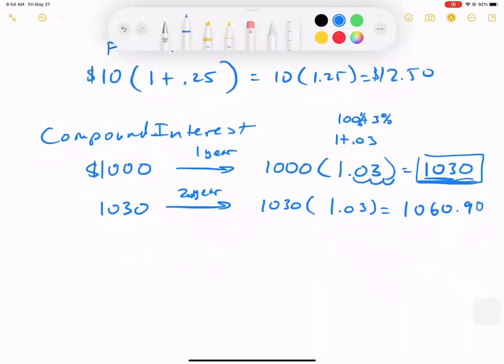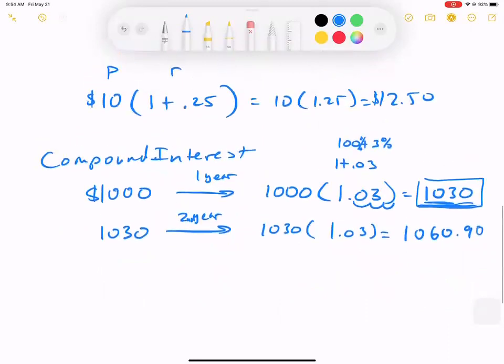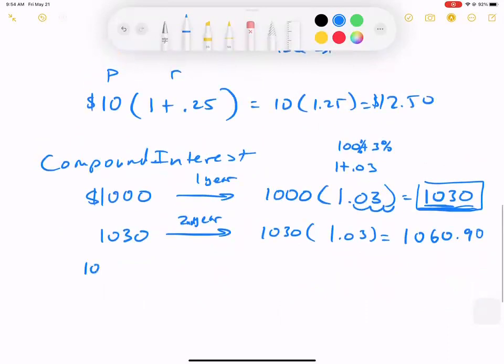Okay, let's do this again. Let's do this for a third year. We have now 1060.90, and this is now my third year. We're going to multiply this again by 1.03 for our third year. So we take your number and we multiply by 1.03 for 3%.